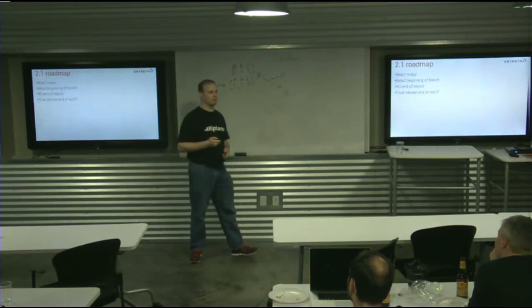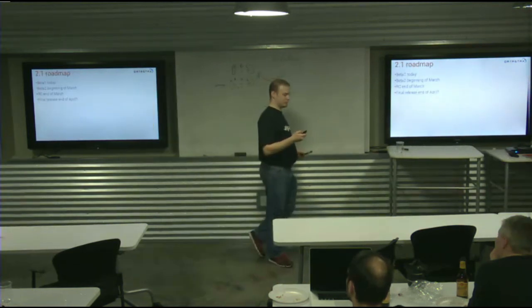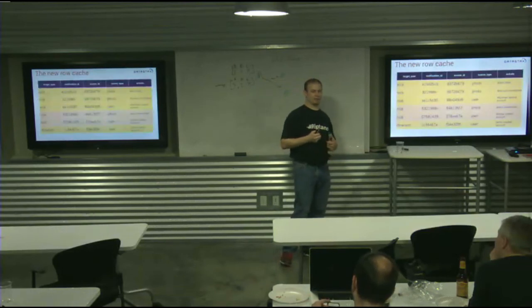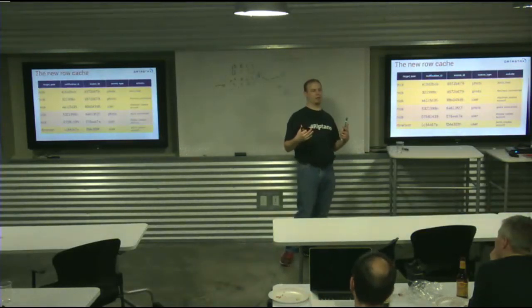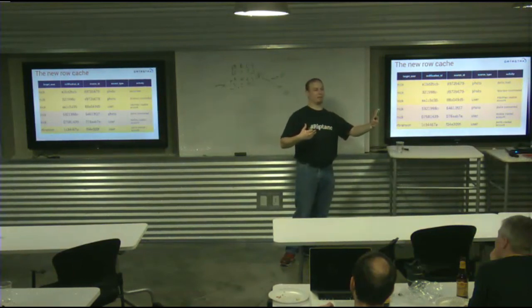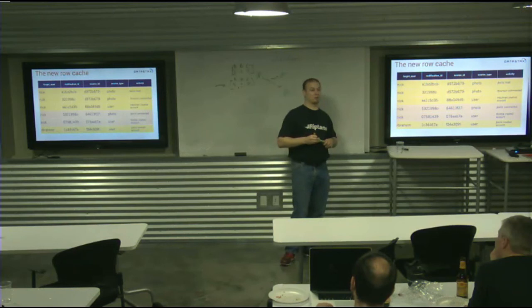Does it still invalidate entries on writes? Yes. So it's basically the same row cache that you know and love, except that it has this limit of how many rows I'm going to cache, which caused most of the bad behavior in the past.